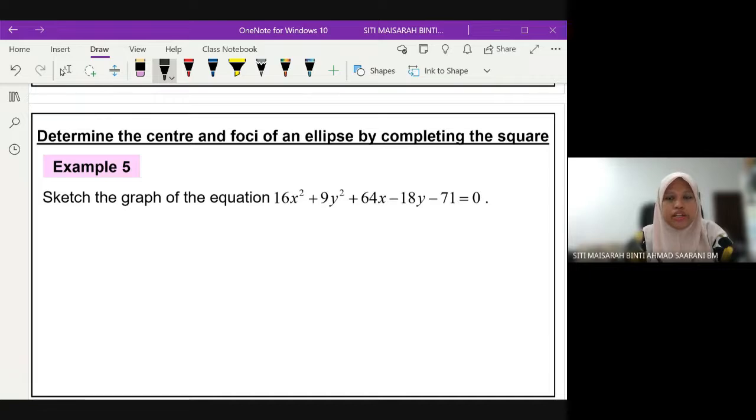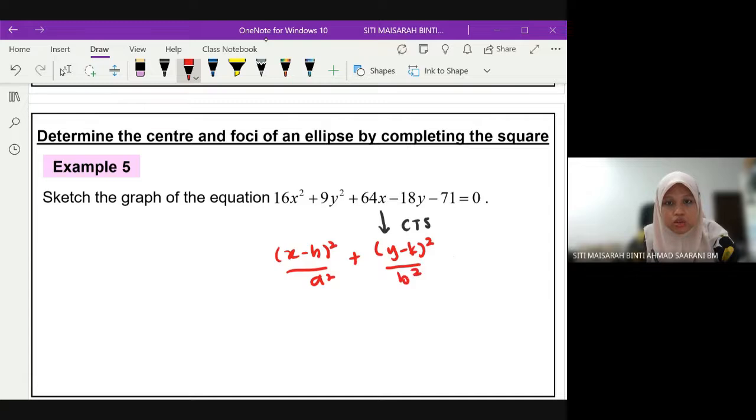So awak kena buat CTS sampai dapat x tolak h square over a square plus y minus k square over b square is equal to 1. Okay, so cuma dia punya completing square dia ada dua variable lah. So jadi awak first kena susun dia punya variable tu.